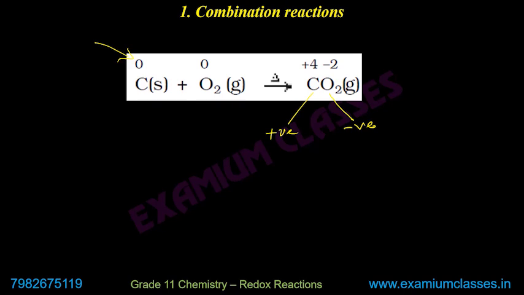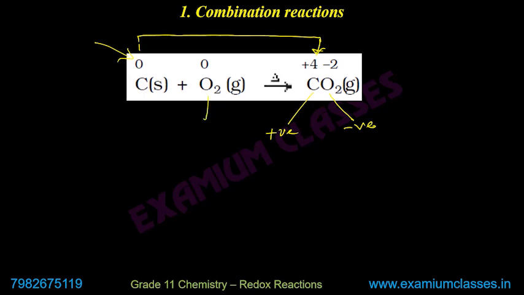Do you remember the sixth rule of oxidation? We talked about the definition of oxidation. The sixth point was that an increase in the oxidation number is oxidation. So here, carbon to CO2 is oxidation because 0 to +4, the oxidation number increased.